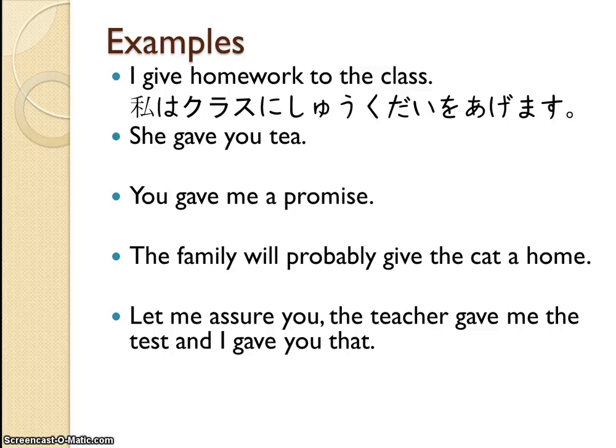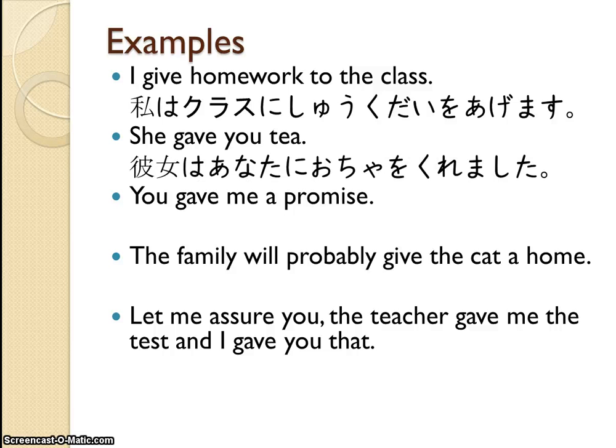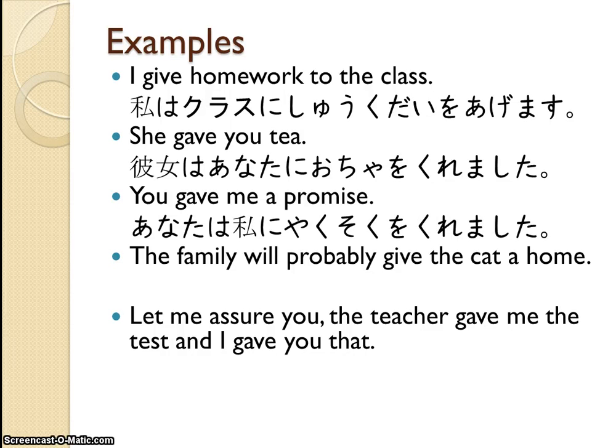In this case, you would be using kureru. 彼女はあなたにお茶をくれました. You gave me a promise. Once again, it's going from you to me, so it's going outer to in. So once again, you're using kureru. あなたは私に約束をくれました.